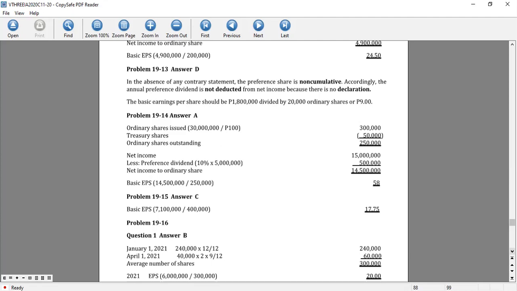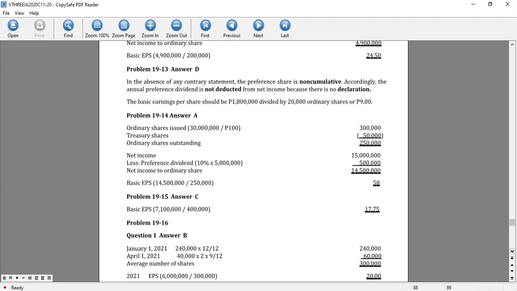So in number 16, question number 1, January 1, 2021, we have an initial number of 120,000 shares, and then we multiply by 2 because of the 2-for-1 split.